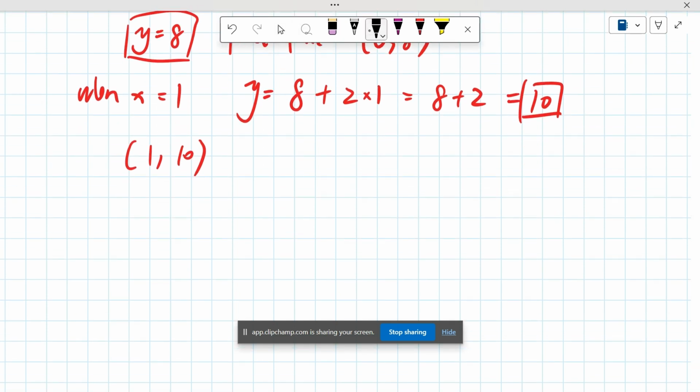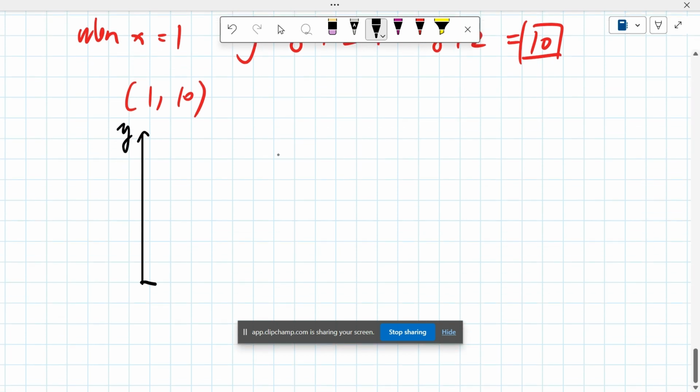Now we're graphing. First, we draw and label the axes: that's the y value and that's the x value, with 0, 1, 2, 3, 4, 5.